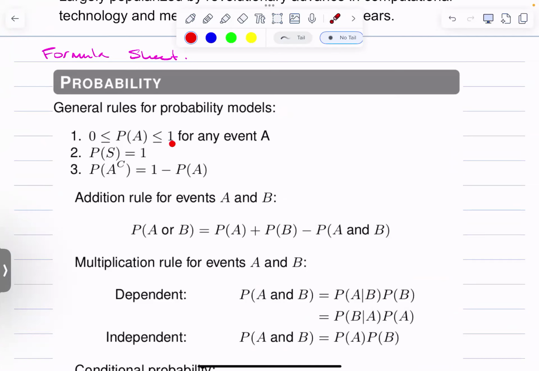We've already talked about this one, and so it's on your formula sheet to help guide you. But you should just remember that probabilities have to be between 0 and 1 for any event A. And so I'll keep referring to this as we go through these rules.